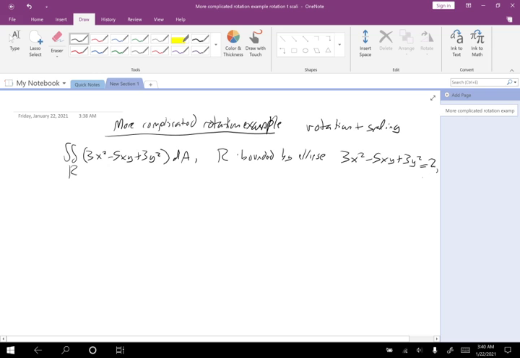And in these kinds of problems, they're actually going to give you the transformation to use. So using x equals square root of 2 u minus the square root of 2 over 11 v, y equals square root of 2 u plus square root of 2 over 11 v.